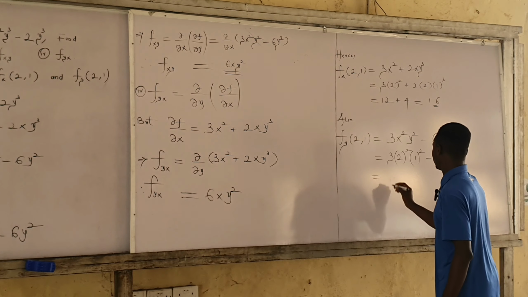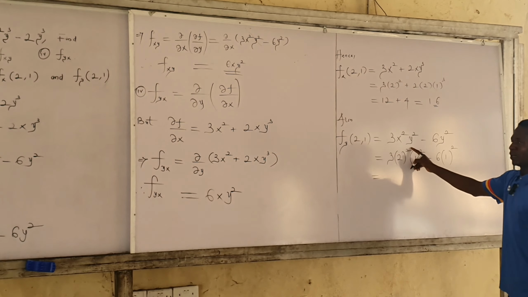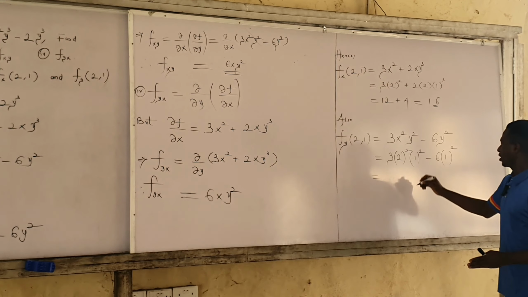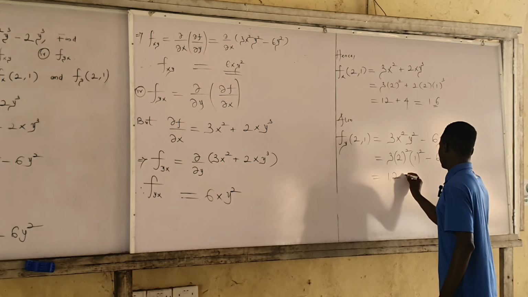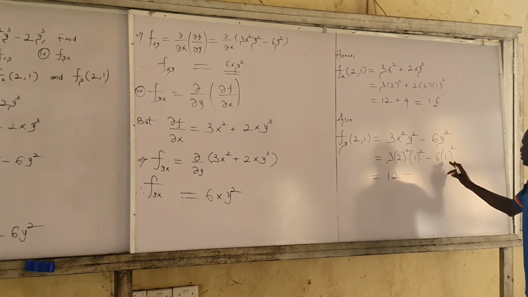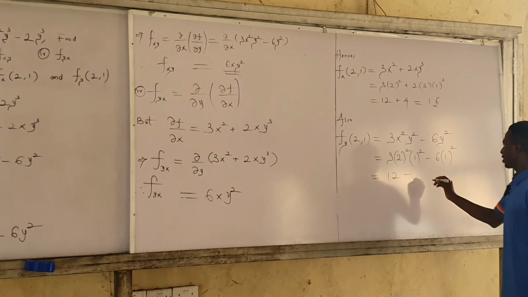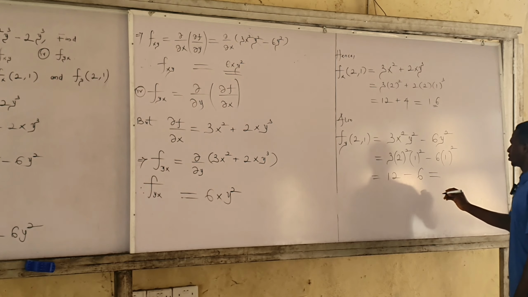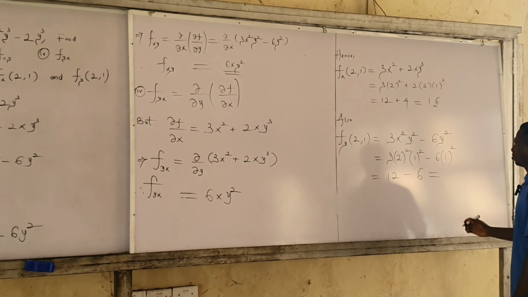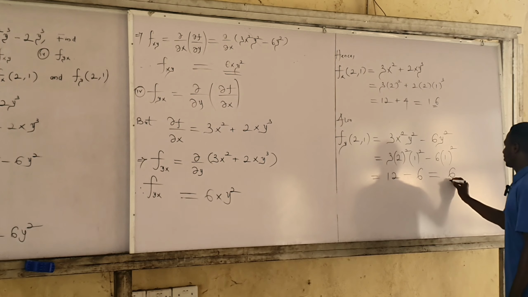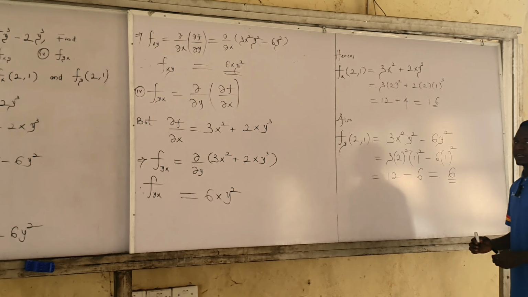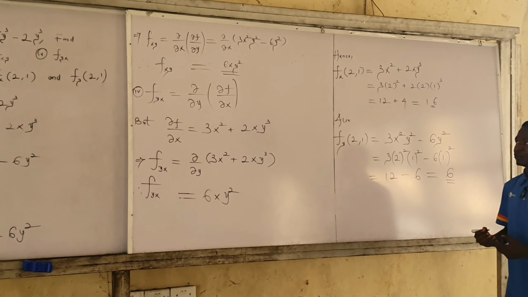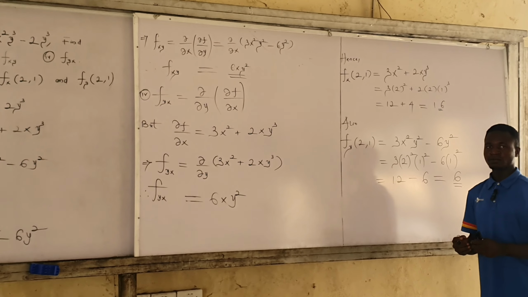So this is going to give us 2 raised to the power of 2 is 4 times 3, 12 times 1 squared, that is going to give us 12, minus 6 times 1 raised to the power of 2, that is going to give us 6. So it implies that the value of that function when x and y are respectively 2 and 1 is given by 6. So this is how we can apply partial differentiation on two variable functions, and that is that.